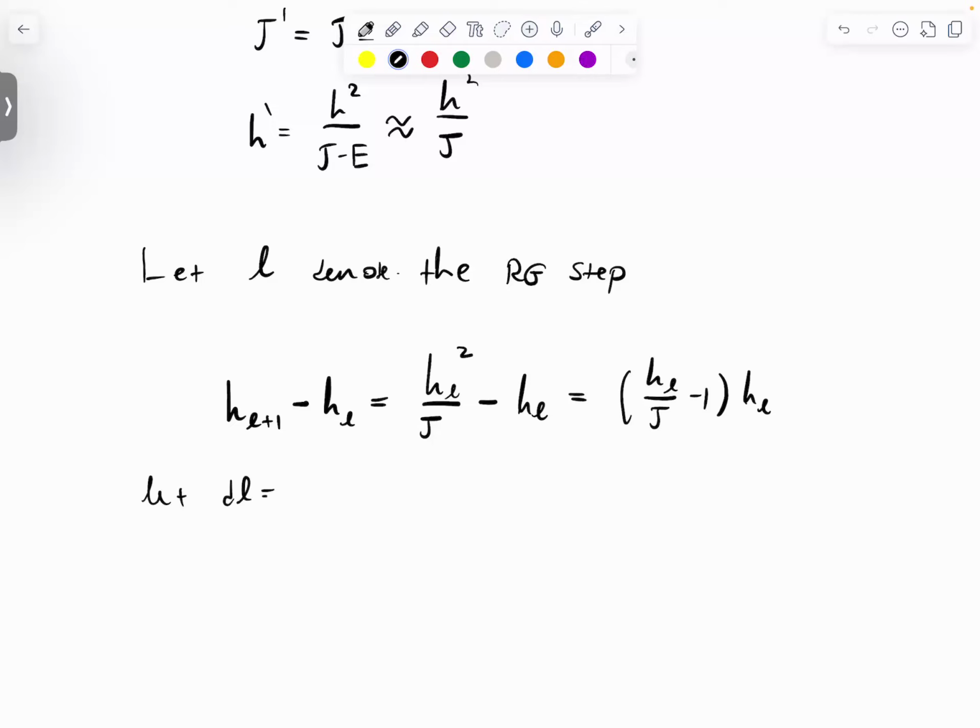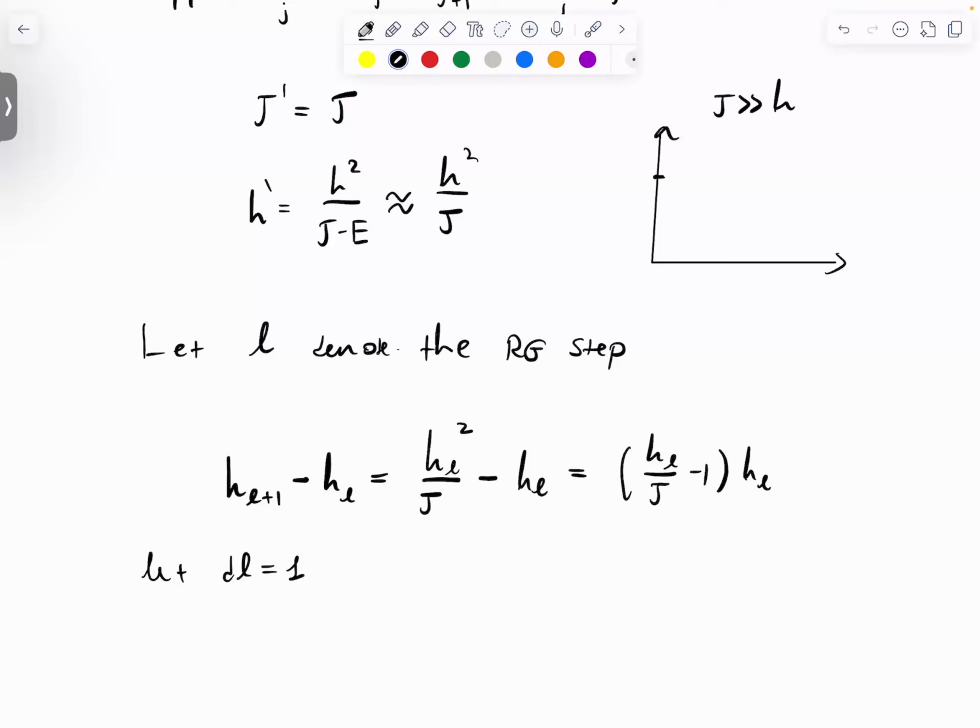So basically, I'm thinking about each one of these steps. Imagine, for example, we're in the limit where J is much, much larger than H, and let's assume you start at some value. So this is L, 1, 2, 3. Then you decay very, very quickly, basically a decay like this.